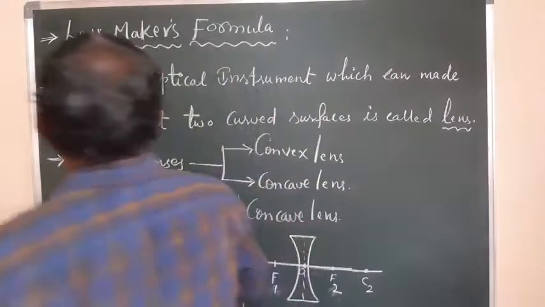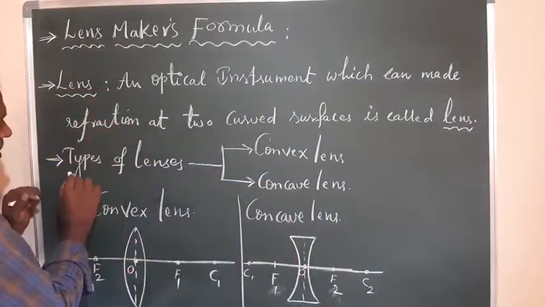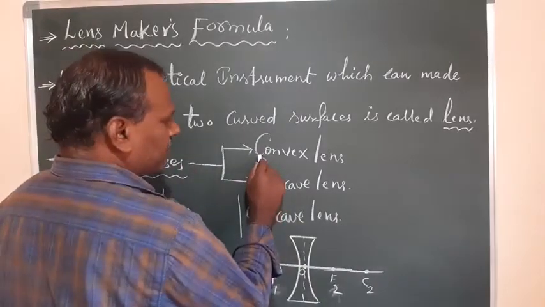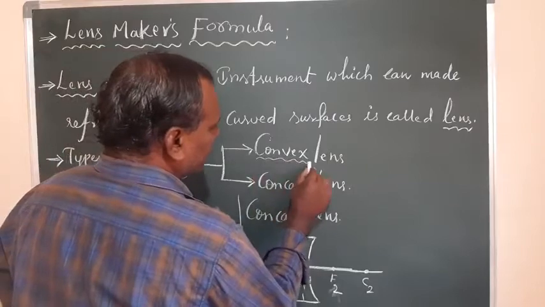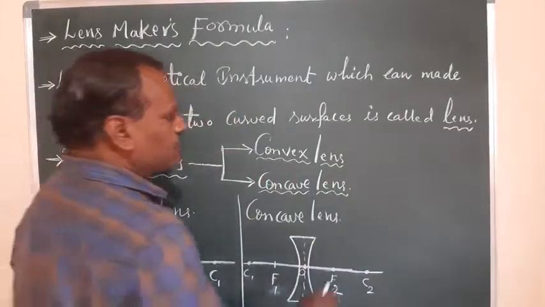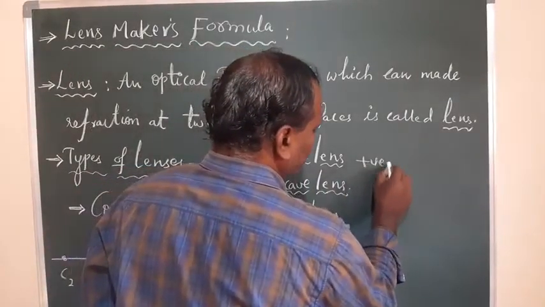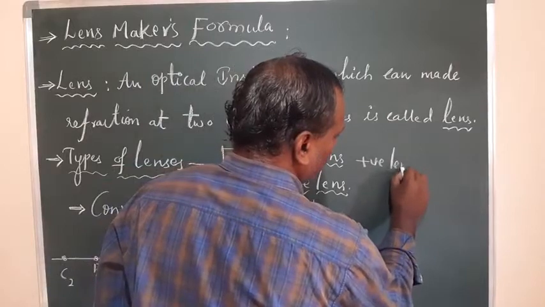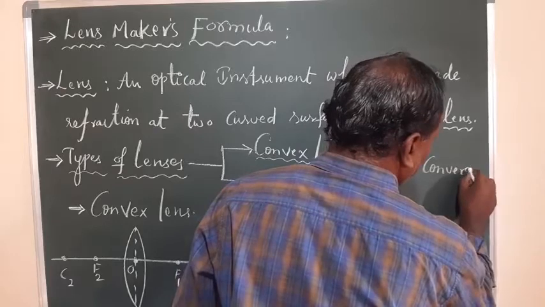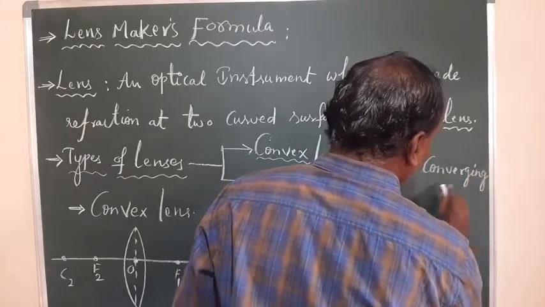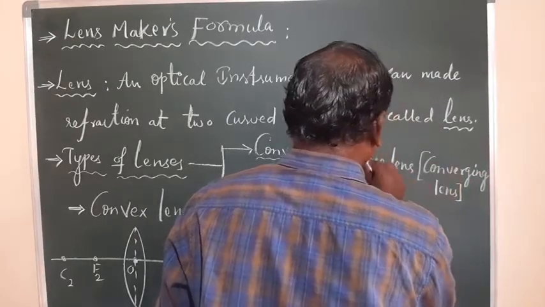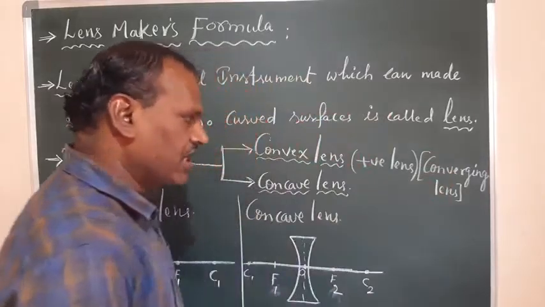First I gave what a lens is, and next we have the types of lenses. In this there are two types. The first one is the convex lens, and the second one is the concave lens. This convex lens is also called a positive lens or converging lens.